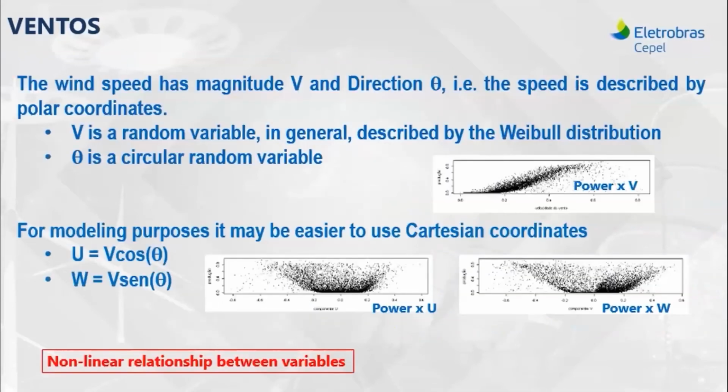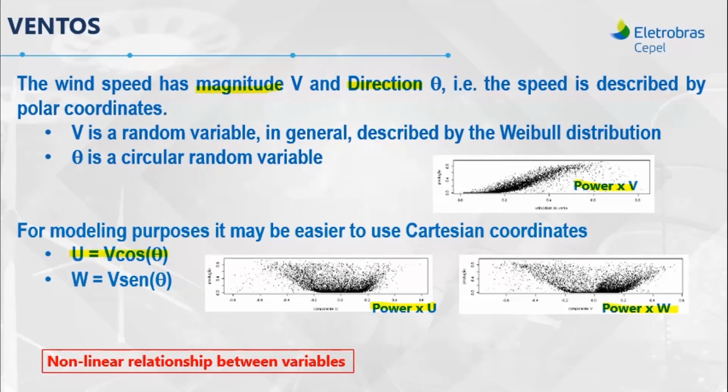Well, the climate prediction models provide to us forecasts of magnitude and direction of the wind. So to consider this information, we have to transform the polar coordinates into Cartesian coordinates. This is the relationship between wind speed and power generation, as we saw before, and this is the relationship between U and wind power generation, and this is the relationship between W and wind power generation.